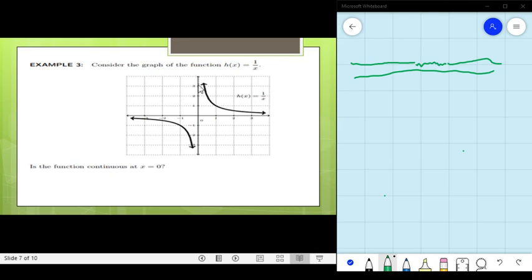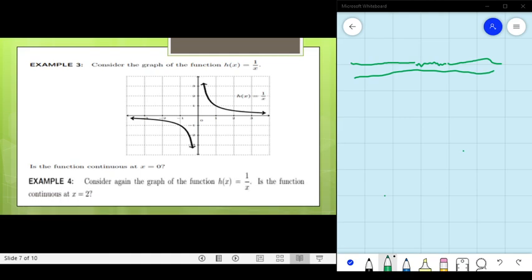So x equals 0 is not in the domain of h of x. So it is discontinuous at x equals 0.